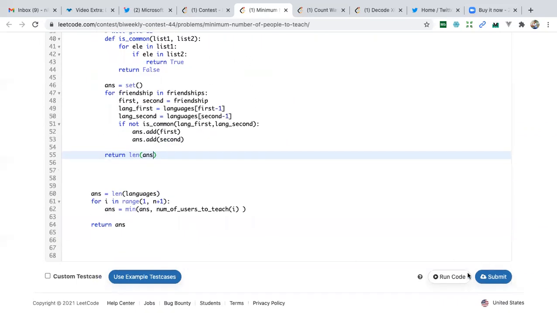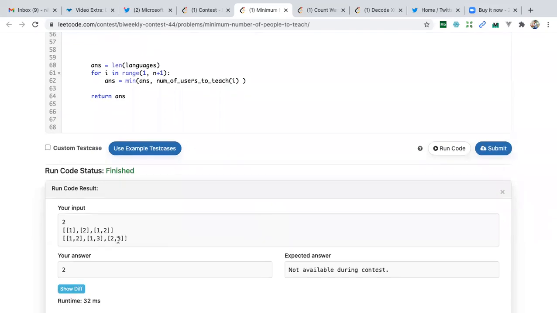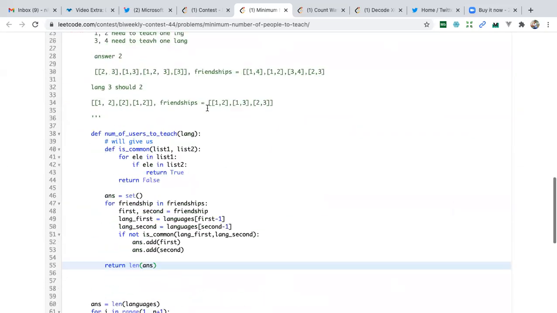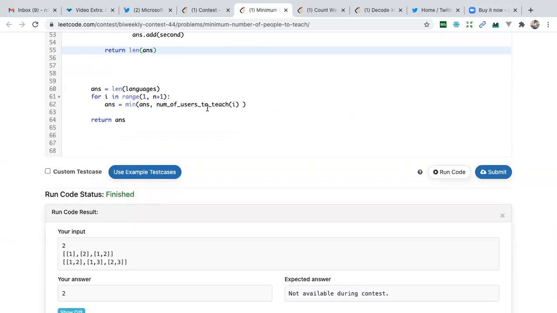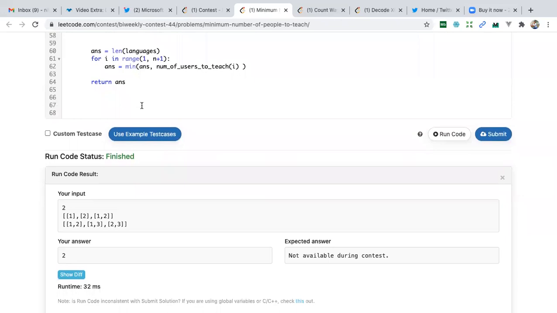Okay, and now let's try. Okay. For the first one, we got 2. It should be 1. So we got the wrong answer, right? Yeah.